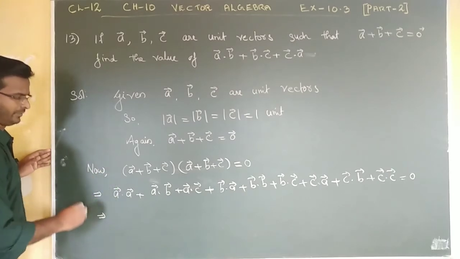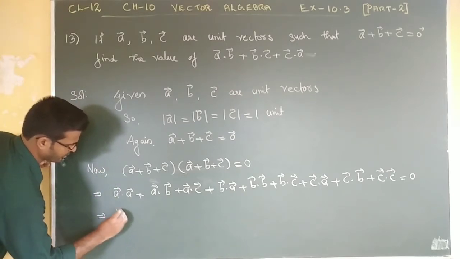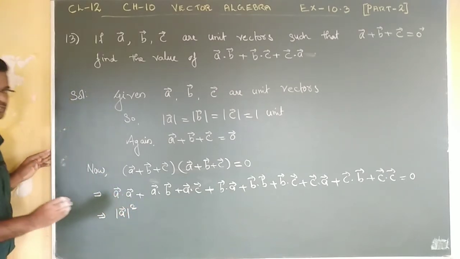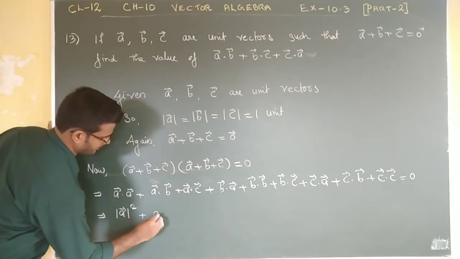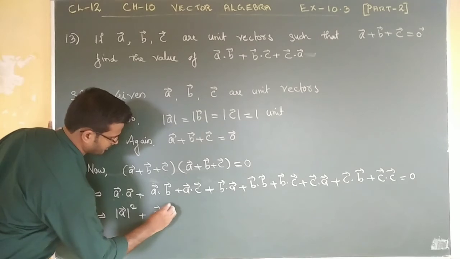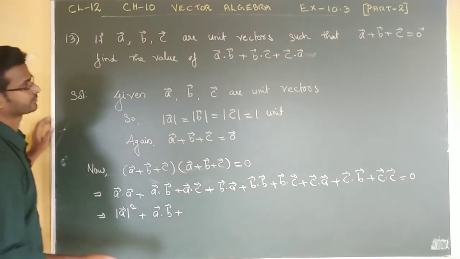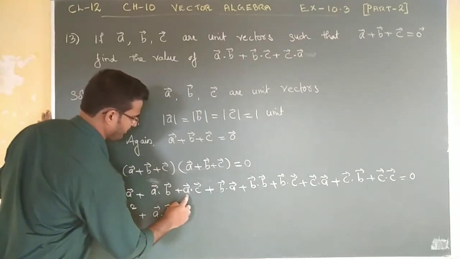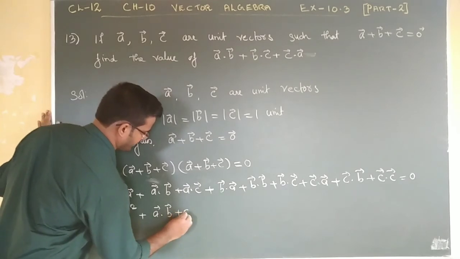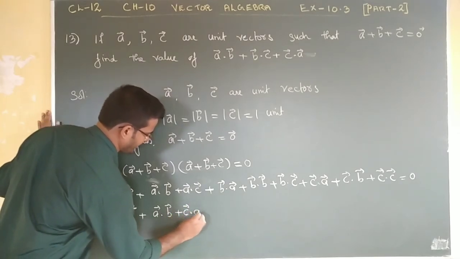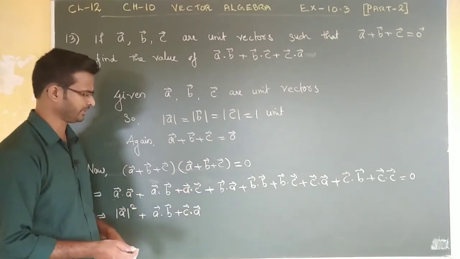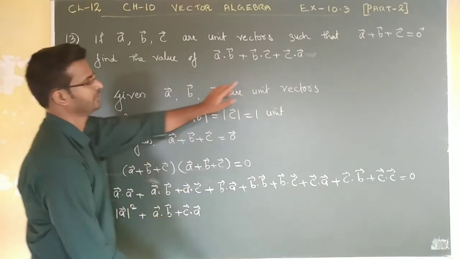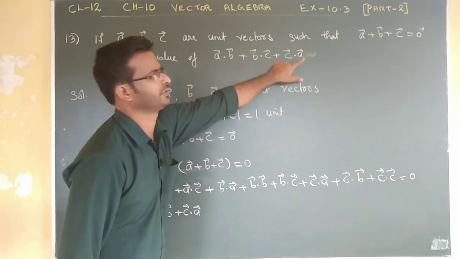A vector dot A vector we can write as modulus of A vector square by observation, plus A vector dot B vector. A vector dot C vector we can write as C vector dot A vector using commutative property. Just reverse the position. Why we are reversing is because in our question we need C dot A, isn't it?